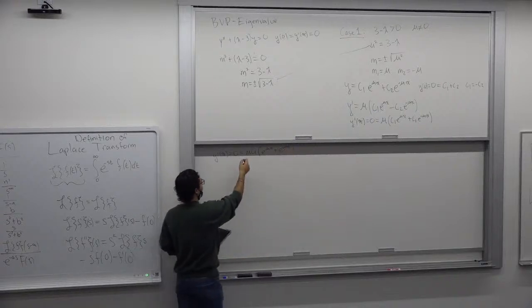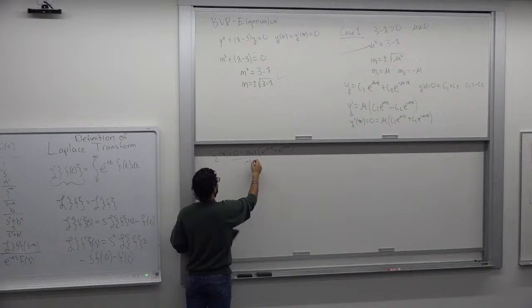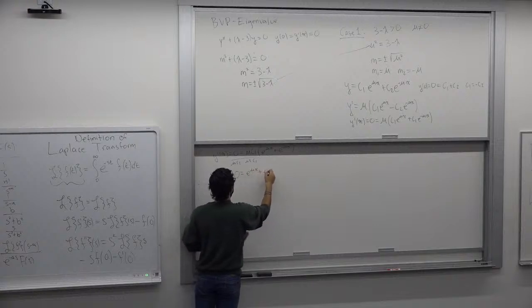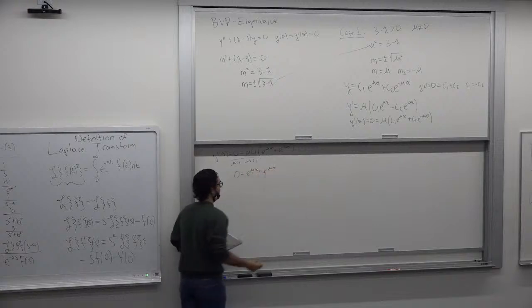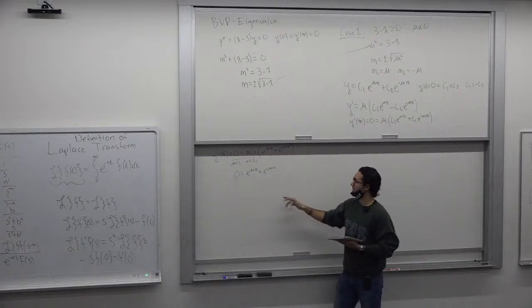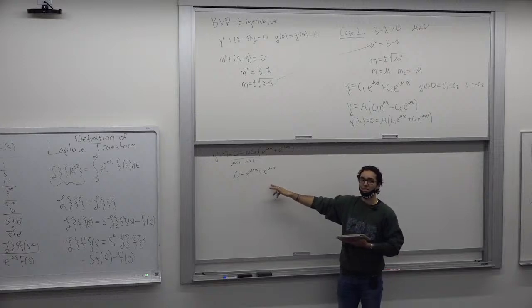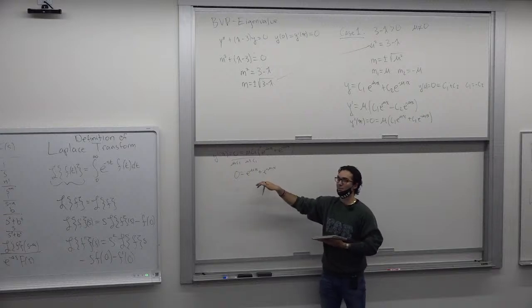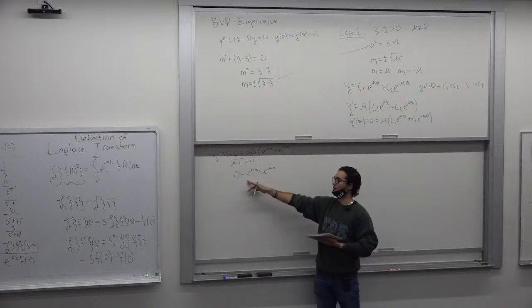So we're going to divide by mu c1, and we get 0 equals e to the mu x plus e to the negative mu x. e to any power is always going to be positive. So it's impossible for two positive numbers to add together to get 0.